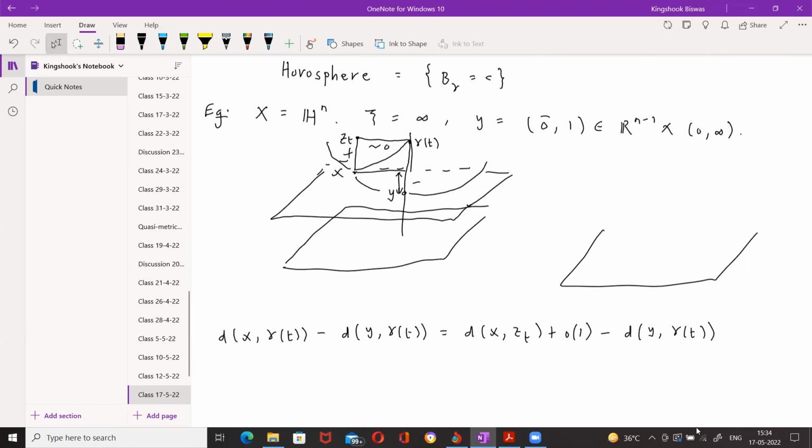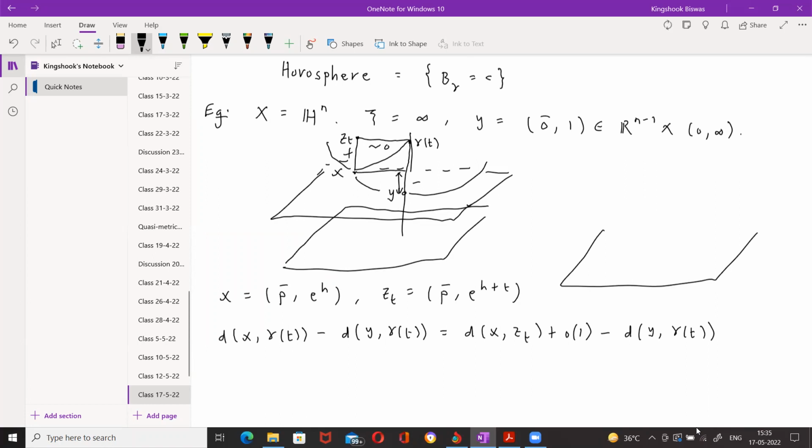So if, let's say, x is equal to p, e to the h, if I write x in these coordinates, then what is my z t? z t is e to the h plus t, right?